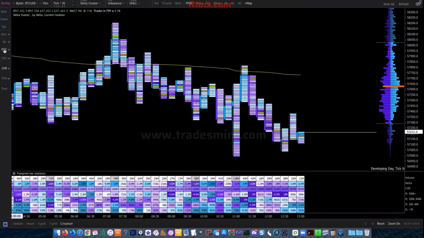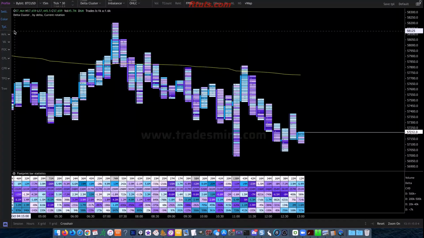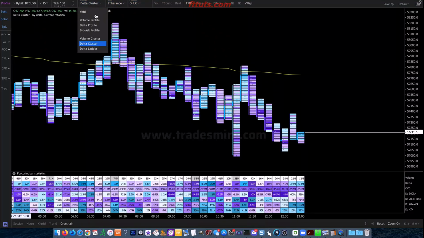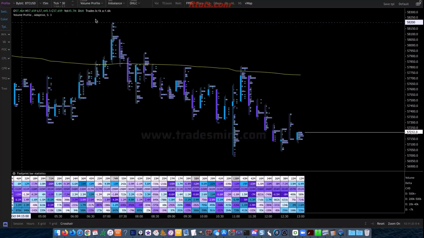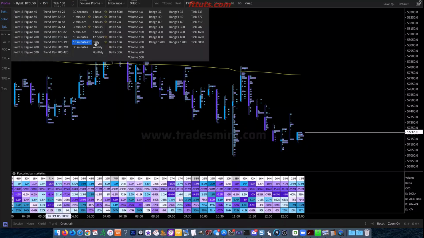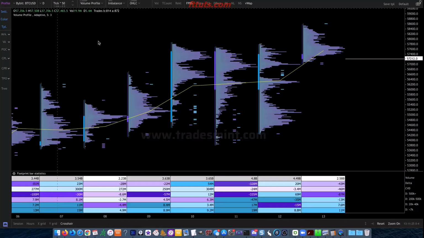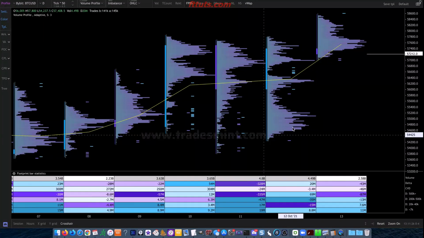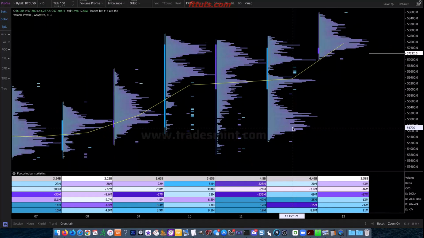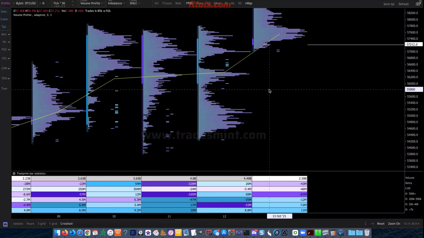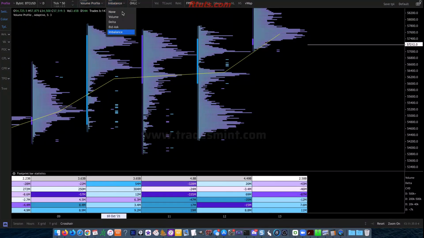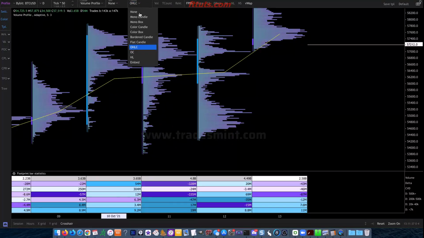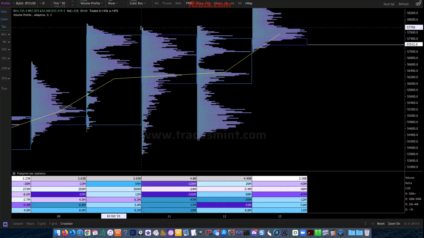Of course, there's lots of things that we can do here. If we have, for example, just a volume profile and we go to the daily time frame, well, now we've got ourselves a nice volume profile chart that we can use, and we turn off all the text, and we could make a candle a color box.